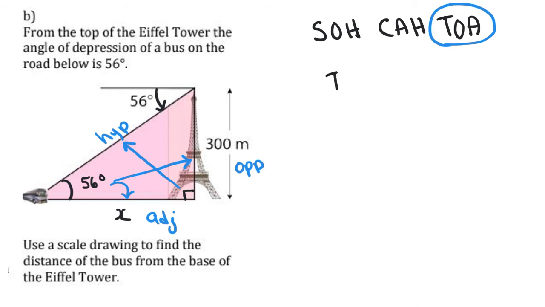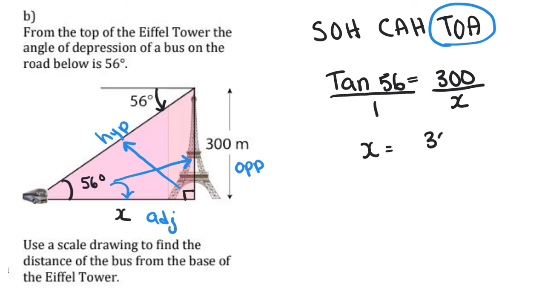All right, so tan theta, which is 56, is equal to my opposite side divided by my adjacent side. I'm just going to set up my proportions here. I'm going to solve for x, which will end up being 300 divided by tan 56, giving a final answer of x equal to 202 meters.